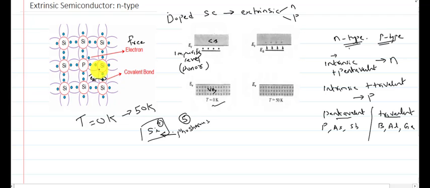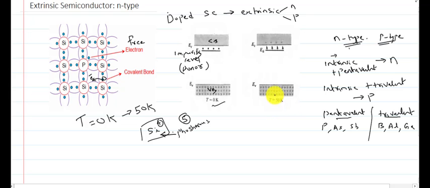So if we keep on increasing the temperature, more electrons will be generated and some holes will be created. In the structure we can see 2 electrons and 1 hole.